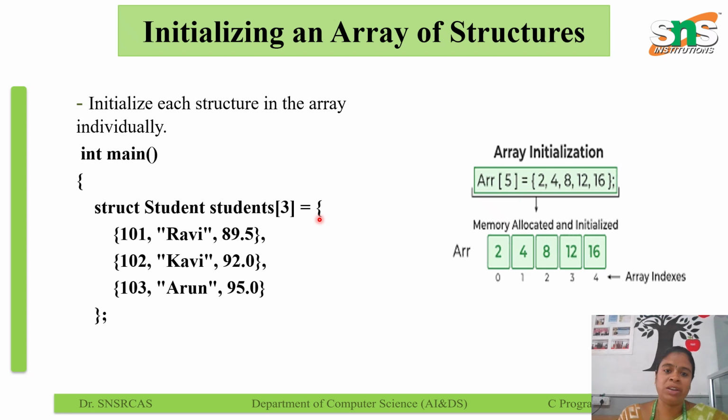Initialization of array declaration: you can initialize all structure elements while declaring the array, ending with a semicolon. Here we declare 3 students with register number, name and mark. In each set of braces, we initialize one element of the array, one structure variable. You can access an individual member using the dot operator. A structure can be initialized using an initialization list, and so can the array.